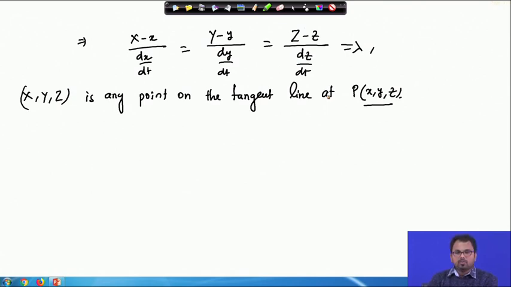So, now let us work out an example where we see how we can calculate the tangent line at a given point.